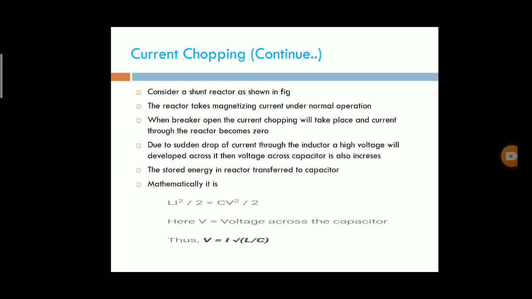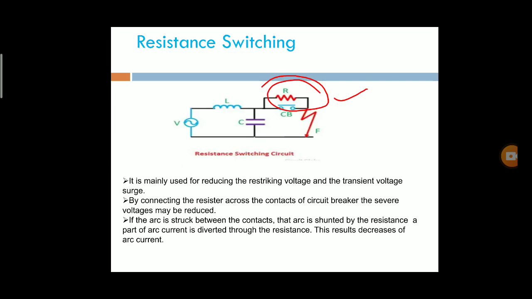While current chopping occurs in the transmission line, a high voltage will appear across the contacts of the circuit breaker. That high voltage is diverted by using resistance switching. The resistance is connected across the contacts of the circuit breaker.